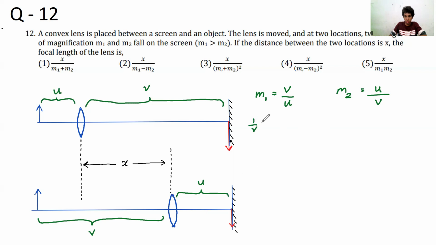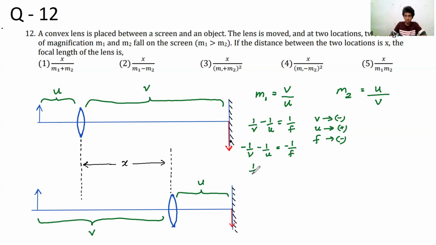Alright, now let's apply the lens formula for the first situation. So 1 over v minus 1 over u equals 1 over f. So when we apply the sign convention, v will be negative, u will be positive, and f will be negative. So this will be minus 1 over v minus 1 over u equals minus 1 over f.